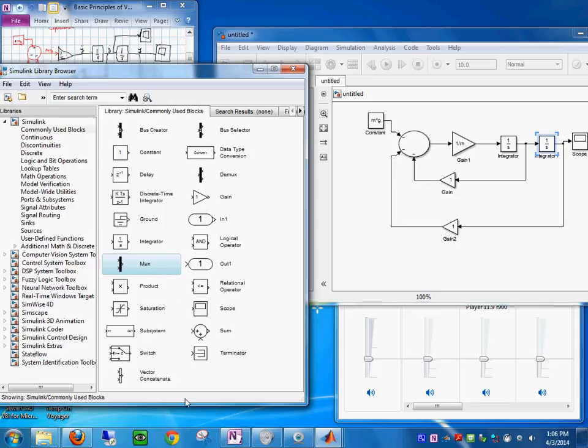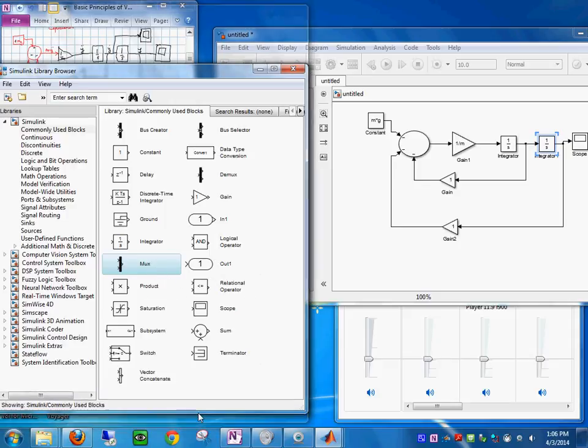I thought we had a scope on this menu. Don't know. The scope is not here.